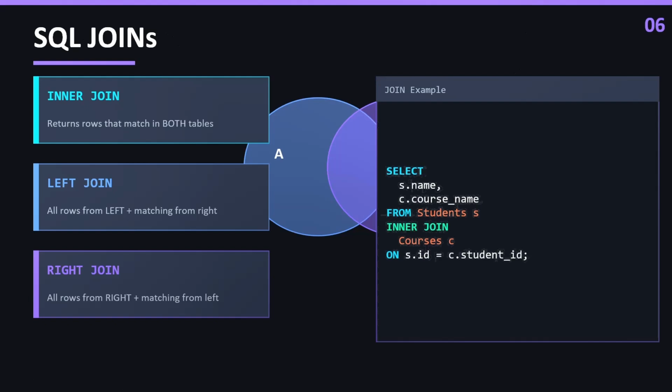So that's how a simple join works. Joins are what make relational databases really powerful.